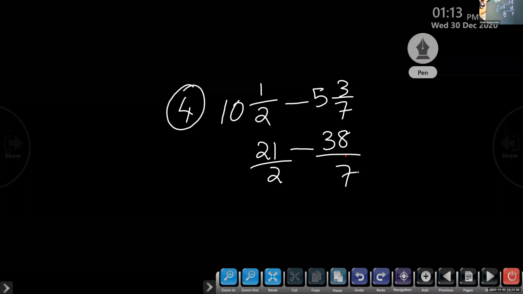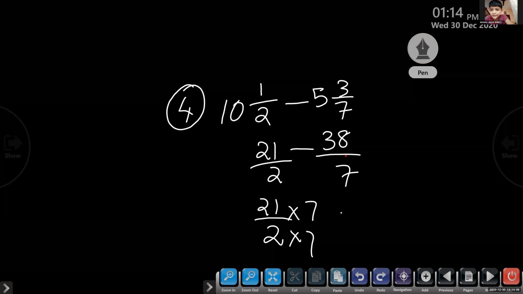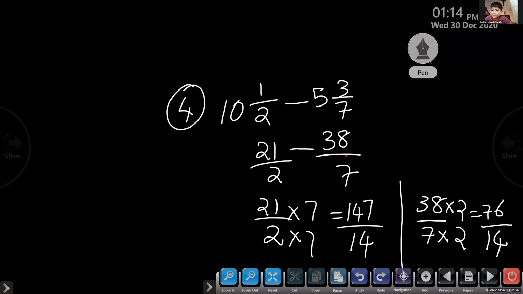So here 7 and 2, they are prime numbers, so the LCM is 14. 21 by 2, you have to multiply by 7, 147 by 14. Then the next one is 38 by 7, multiply by 2, 76 by 14. And the answer is 71 by 14.